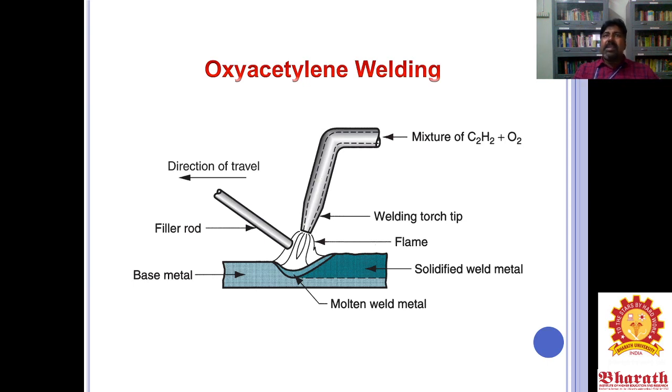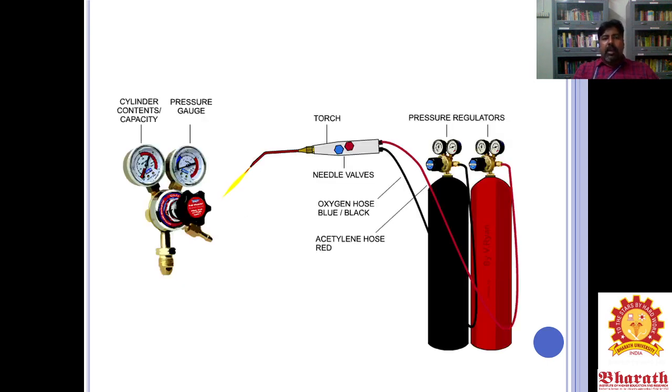The gases are mixed in the right proportion in the welding torch head, which provides control of the welding flame. The flame only melts the metal, so additional metal is supplied as filler material, and flux is used during the welding to prevent oxidation and remove impurities. Normally it is around 2 mm to 50 mm thickness that we can weld with this gas welding process. This is the image.